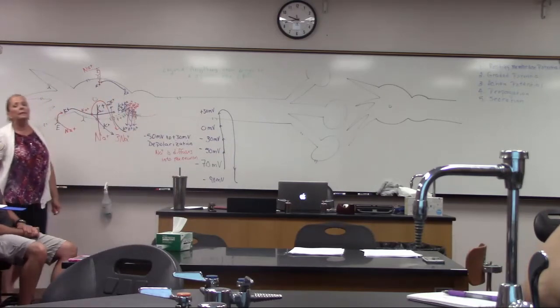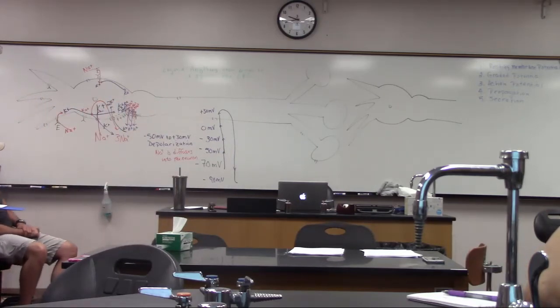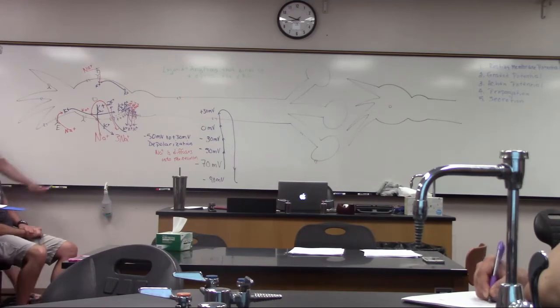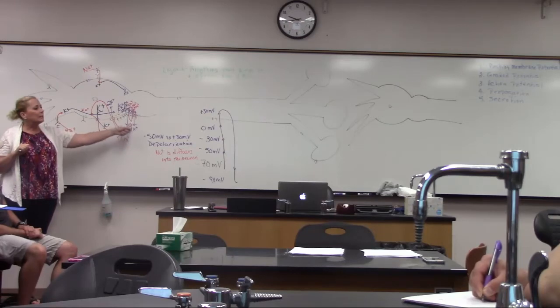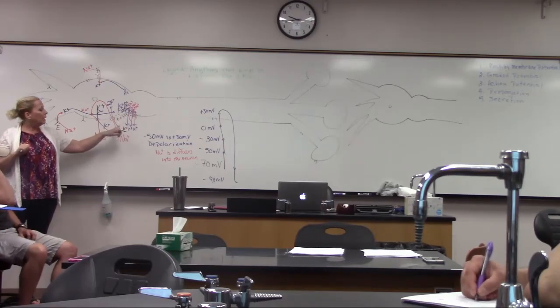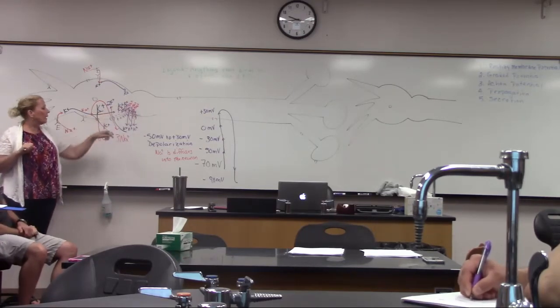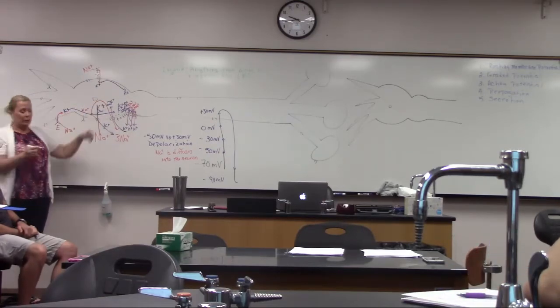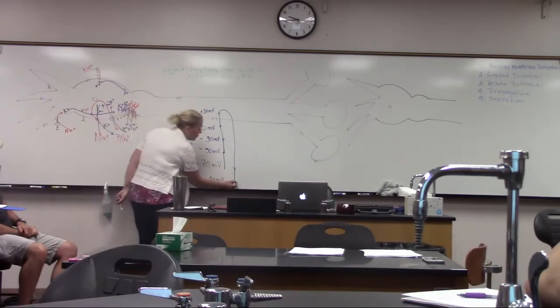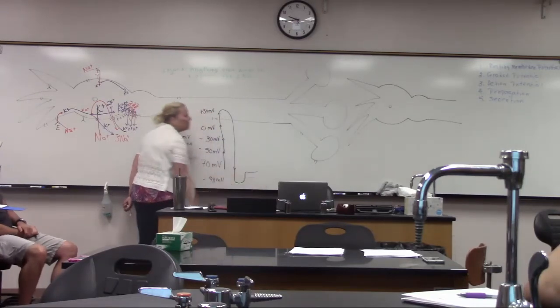At minus 90 millivolts, all the potassium voltage regulated gates close. And we have no more movement of sodium, no more movement of potassium. So the only thing that is doing anything in this area is the sodium-potassium ATPase pump. And its job is to actively transport free sodium out, potassium in, to try to reestablish resting membrane potential.